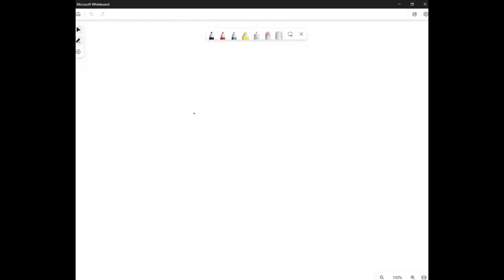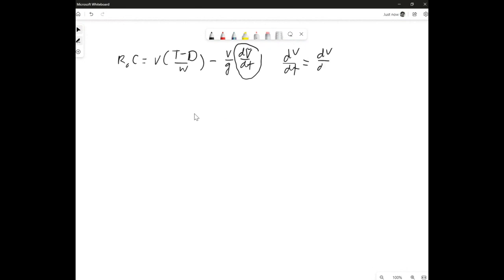So if I could just go back to what I wrote before, which is rate of climb equals V times (T minus D) divided by W, and then if I multiply V to the second term, which is V divided by g dV/dt, right? Then if I manipulate this, dV/dt is actually dV/dh times dh/dt.